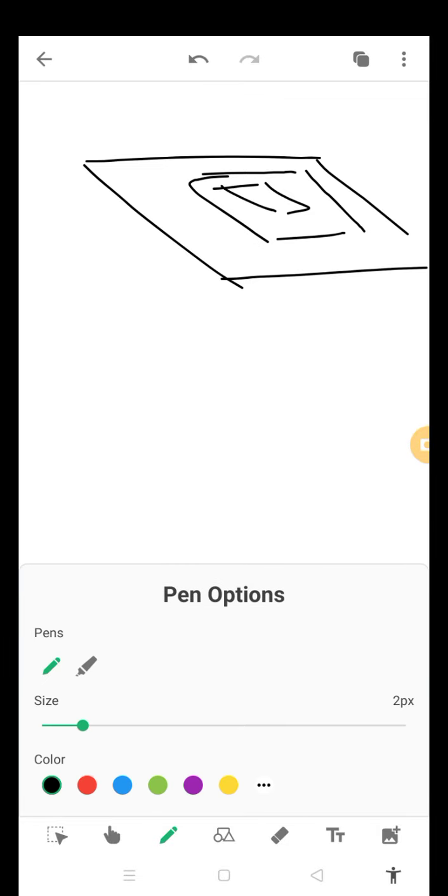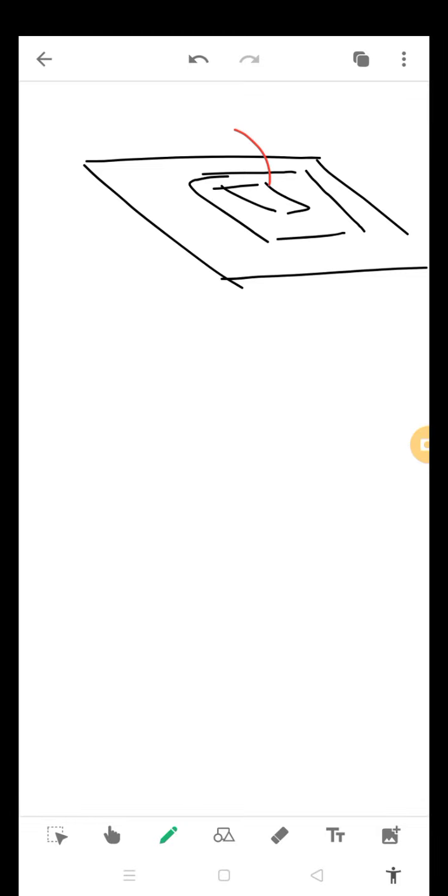So this one stands for the inner comb, this one here is the outer comb, and this is the frame.